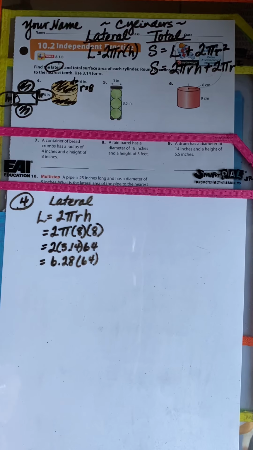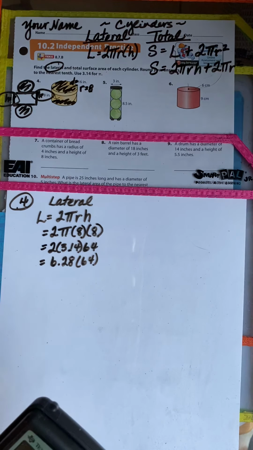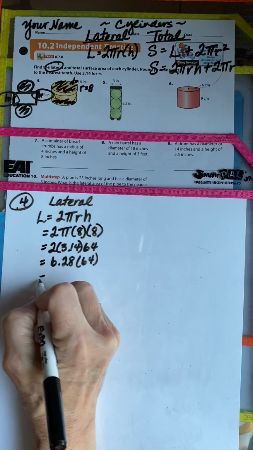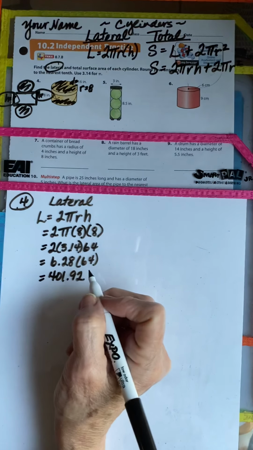On. 6.28 times 64, enter. It didn't even do it. Clear and clear. 6.28 times 64, enter. 401 and 92 hundredths.